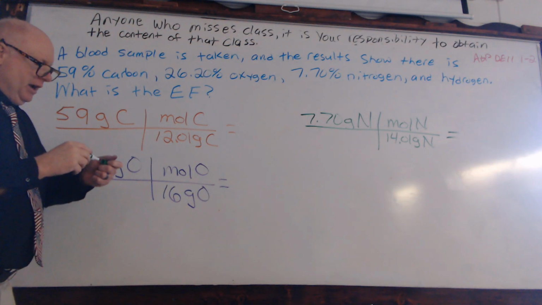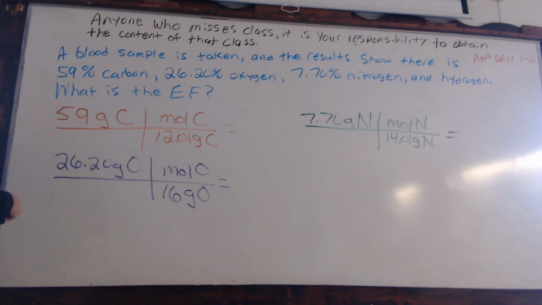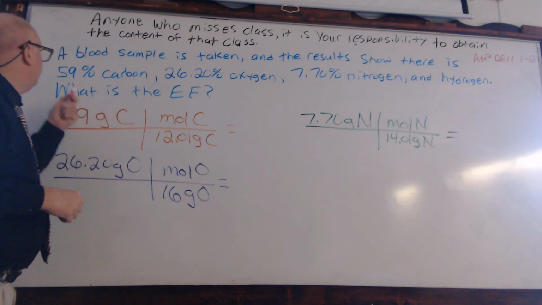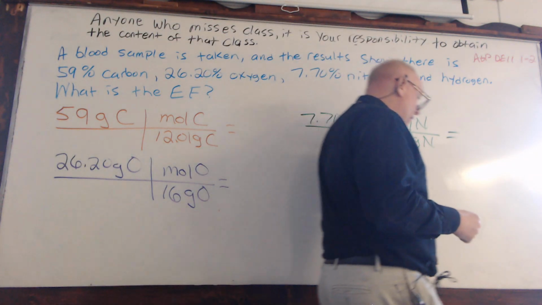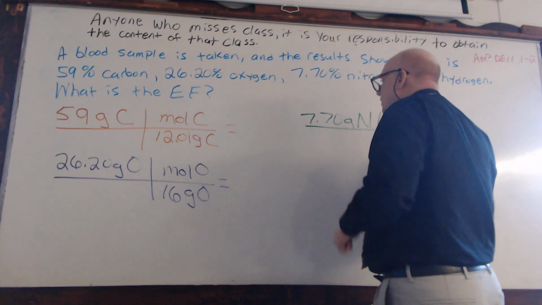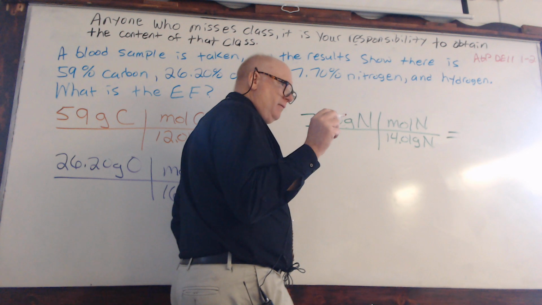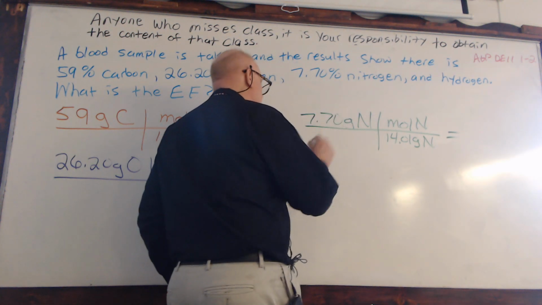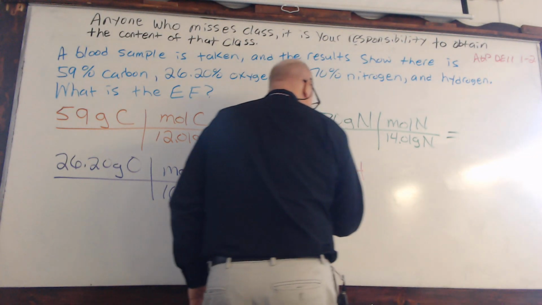So we see we got hydrogen in here, but we don't know how much, but we can calculate that though. And how would we go about calculating the amount of hydrogen? Okay, we add all of them together, so 59 plus 26.2 plus 7.90, subtract from 100, and that gives us what for hydrogen? 7.10 grams of hydrogen.